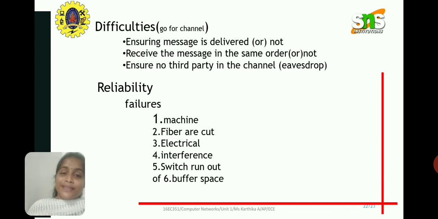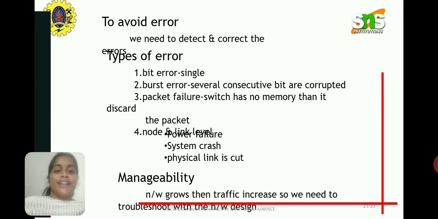In reliability, we have some failures: machine failure, fiber cut, electrical and mechanical interferences, and the switch running out of memory, or buffer space not being enough for communication. Like that, we have some failures in reliability.